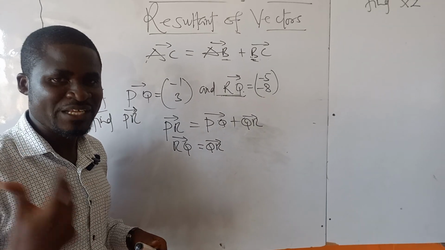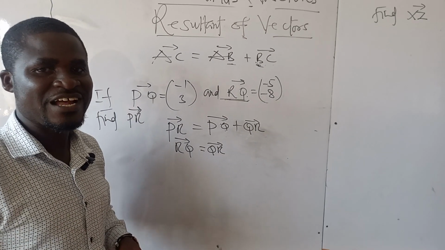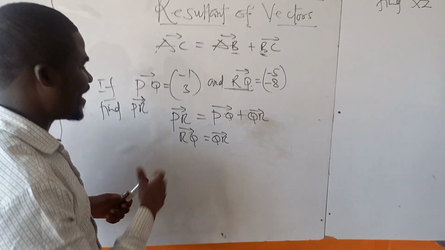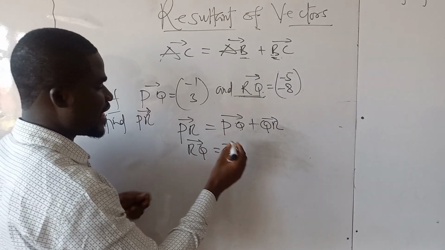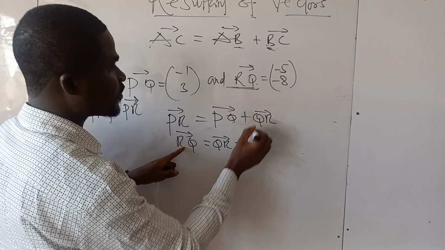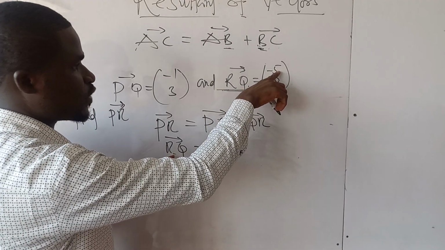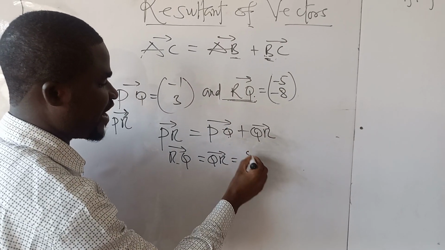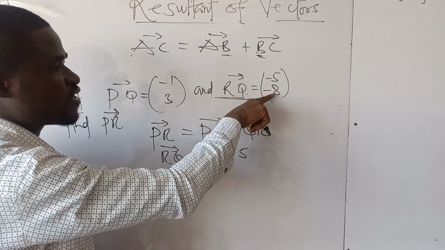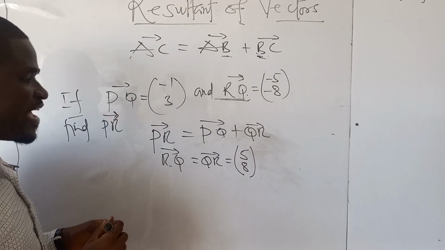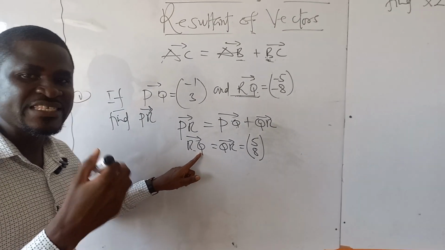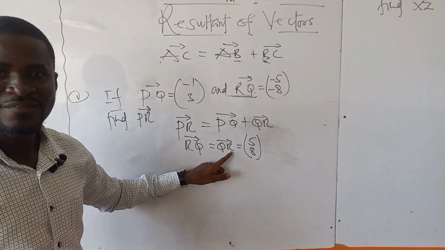We've done it. Please go and watch our previous lesson. So the inverse of RQ is equal to QR, and RQ is equal to negative 5, negative 8. So the inverse of negative 5 will give us 5. The inverse of negative 8 will give us 8. So this is the inverse of RQ, which is the same as QR.